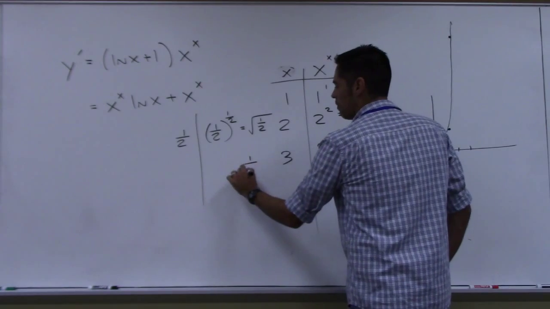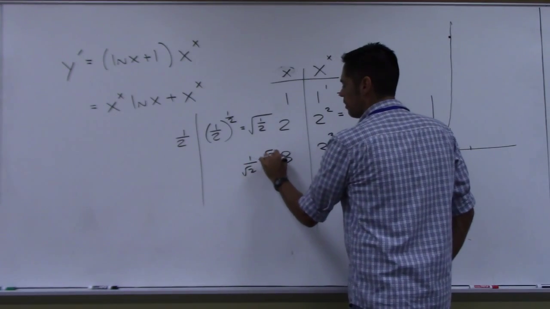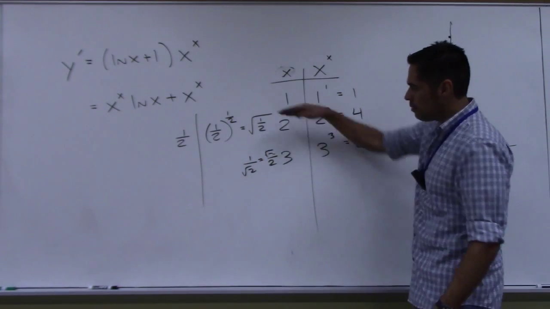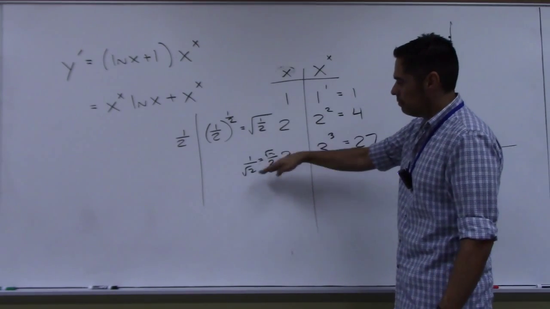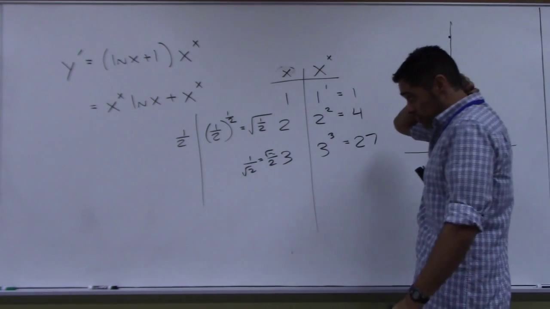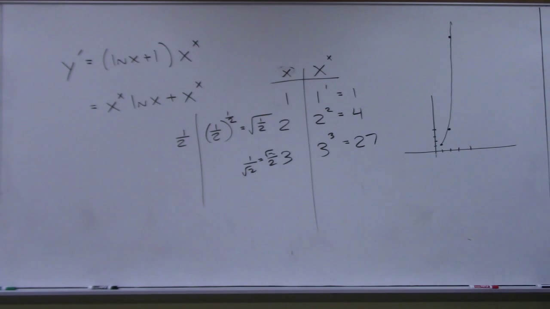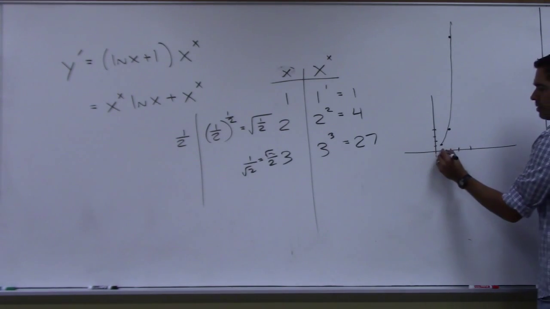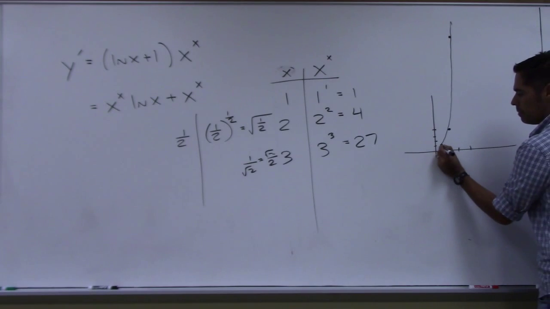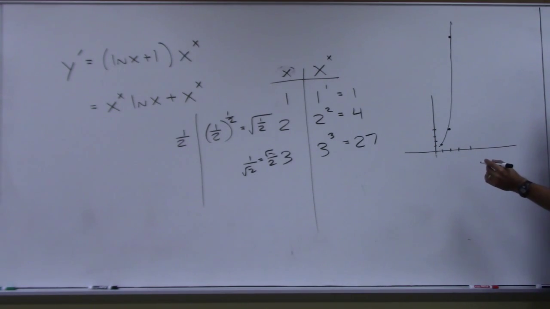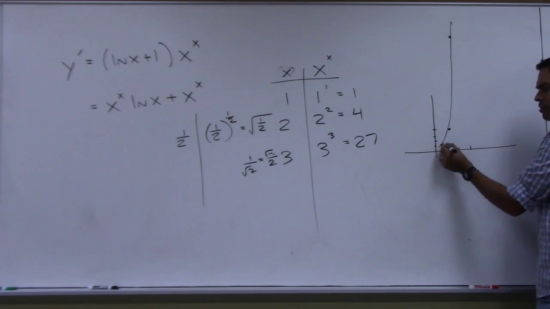That's the same as 1 over the square root of 2, which is root 2 over 2 if you rationalize it. That's 0.707 something, so it's less than 1. So it would be in here.